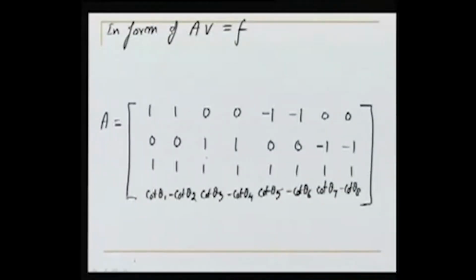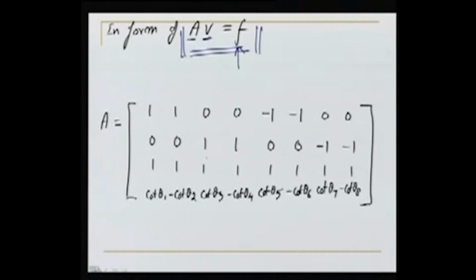Once we have reduced it this way, the next step is to have our basic model in this form. We know it: we need to know A, we know V, and we need to know F. Now what will be A here?